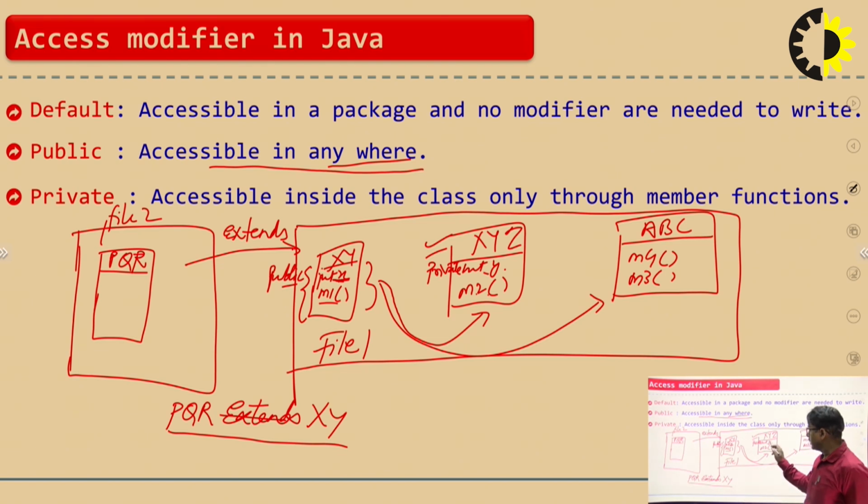But if this private member y of the XYZ class is to be accessed through ABC, suppose ABC extends class XYZ and wants to access it, this will not happen, because any member defined with the keyword private cannot be accessed. If m2 is a public member, that can be accessed over there.